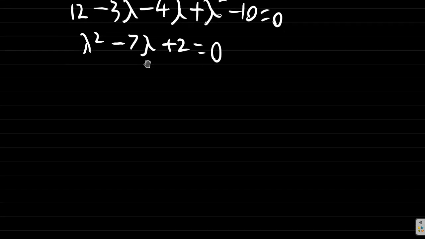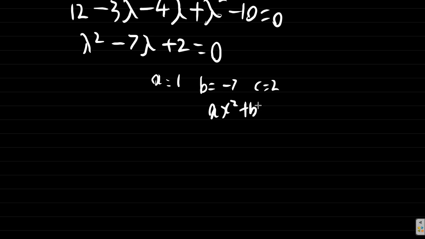You can find lambda. Let's use the AC method. A would be 1, B would be negative 7, C would be 2, because this is similar to ax squared plus bx plus c equals 0. Remember that. In this case though, instead of x squared and x, what we have is lambda.